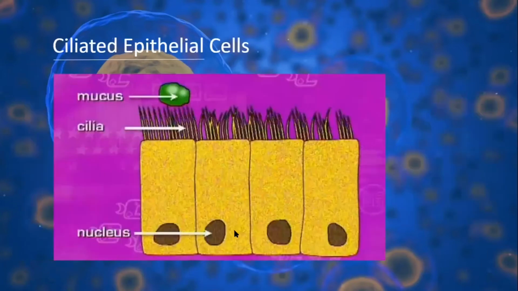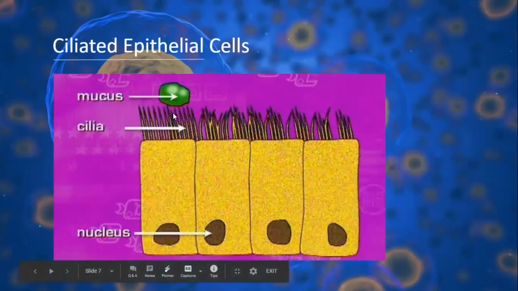Ciliated epithelial cells. Ciliated epithelial cells are specialized for moving materials. Epithelial cells line the surfaces of organs. Some of them have cilia, hair-like structures on top of the cell, as you can see there. The function of these ciliated epithelial cells is to move substances.